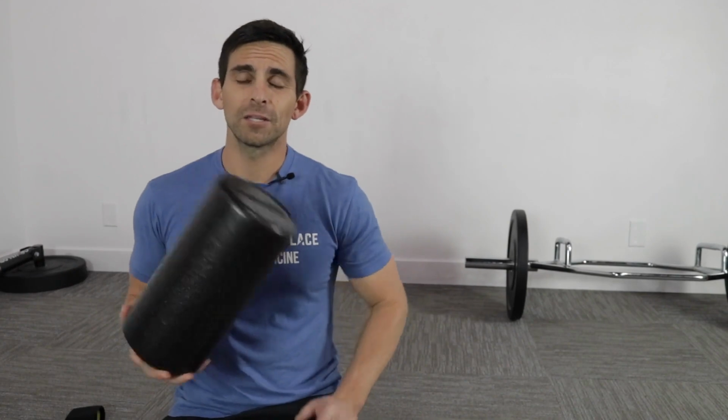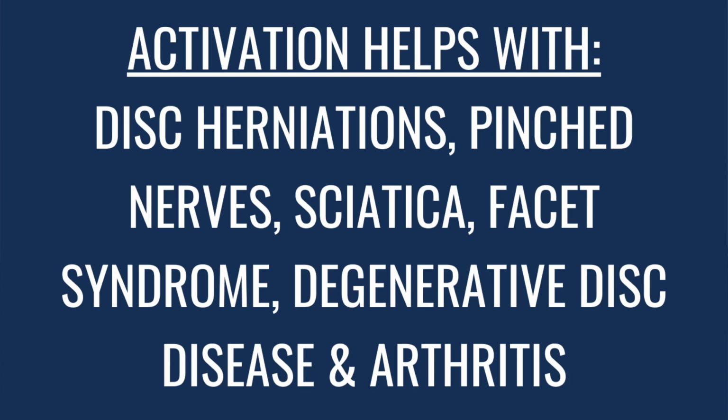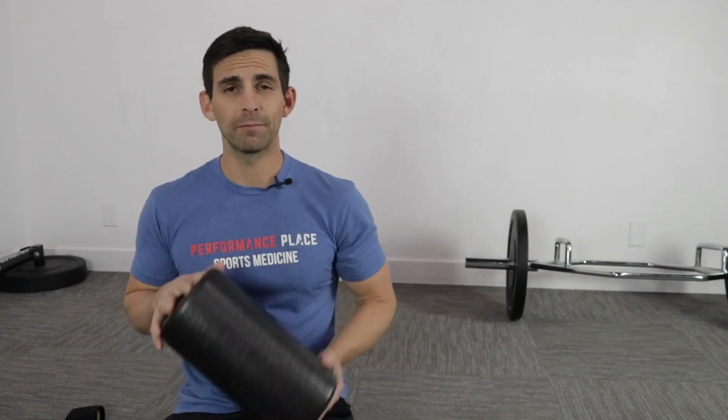This is what activating the support system is. It's activating these supportive systems. This works very well for people with disc herniations, with pinched nerves, with sciaticas, with facet syndromes, even with degenerative joint disease or degenerative disc disease, even arthritis. A lot of these things work very well with an activation type of methodology.